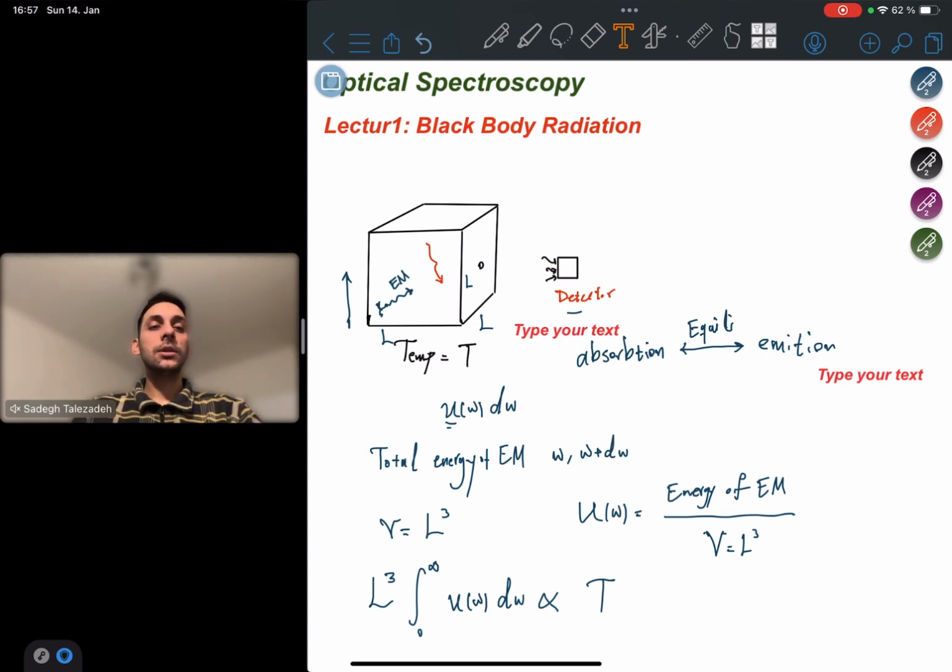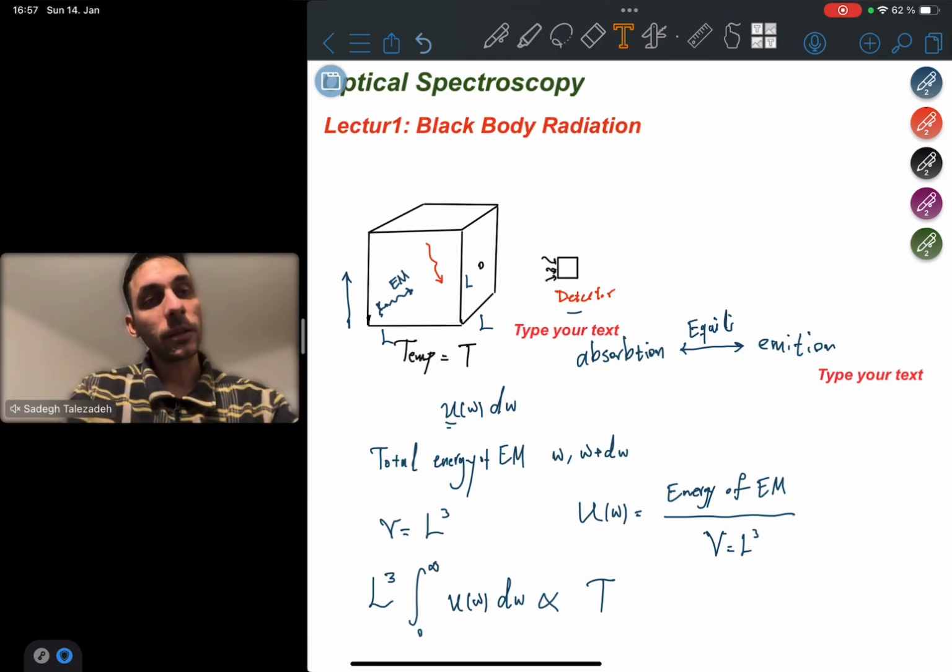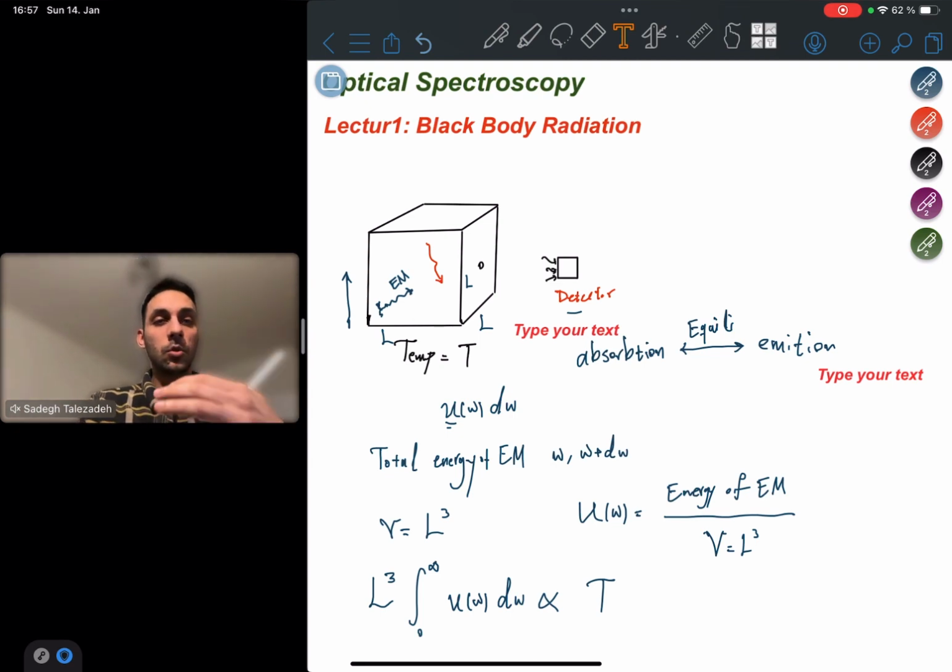And here we consider that our box is black. Black means that it absorbs all wavelengths, all electromagnetic waves at different frequencies, and in response, every one of these electromagnetic waves absorbed by the shell of this box makes other molecules and atoms vibrate again, and we have the emission of other electromagnetic waves.